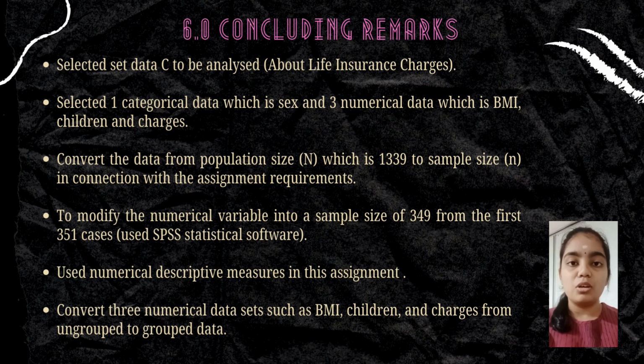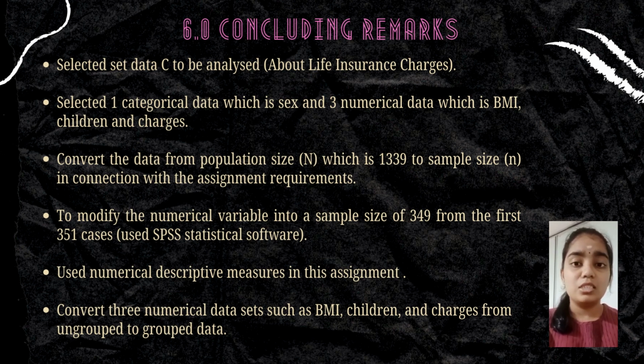Here I am going to talk about the concluding remarks. For this assignment, we have selected data set C to be analyzed. Data set C is about life insurance charges. We have selected one categorical variable, which is sex, and three numerical variables, which are BMI, children and charges.